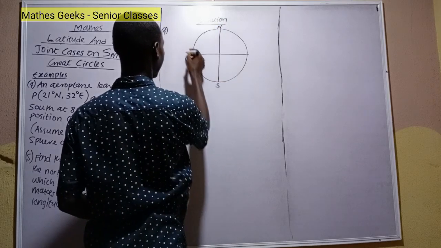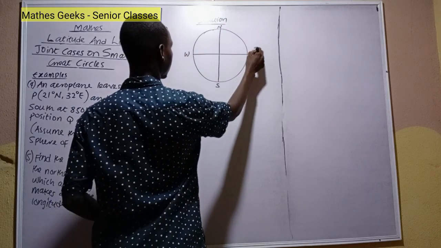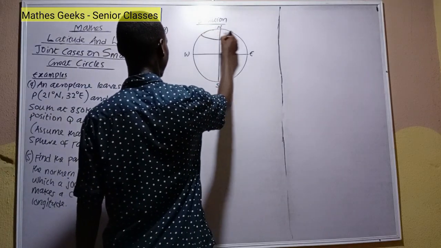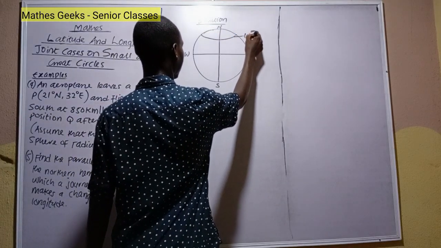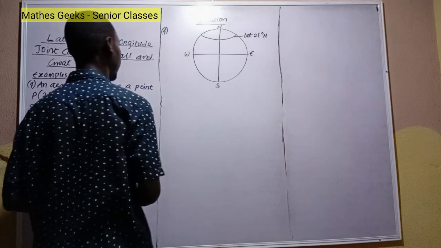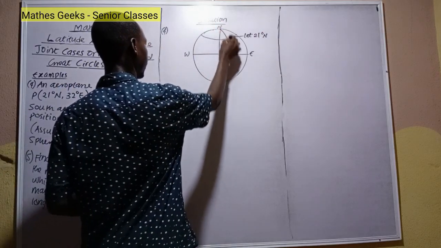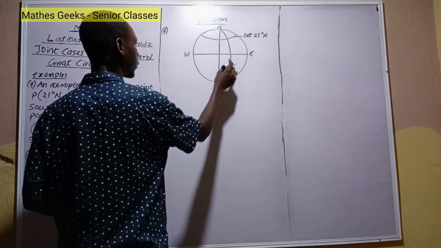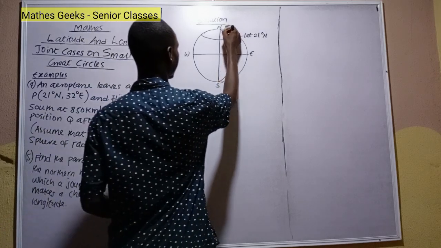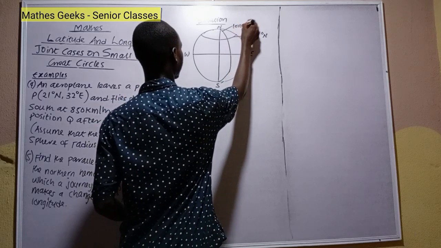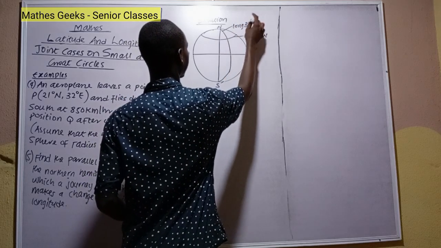North, south, west, east. So P is at latitude 21 degrees north, and longitude 32 degrees east.